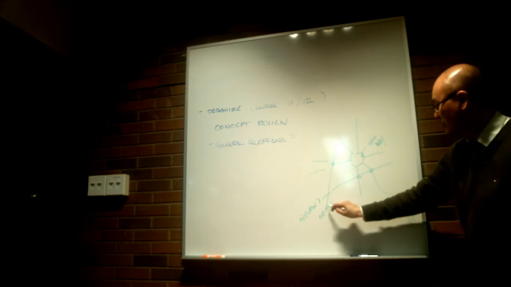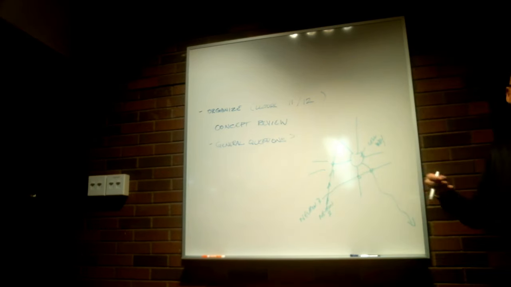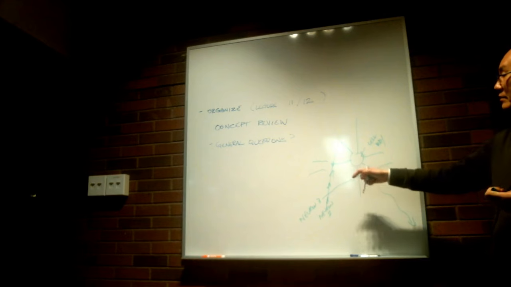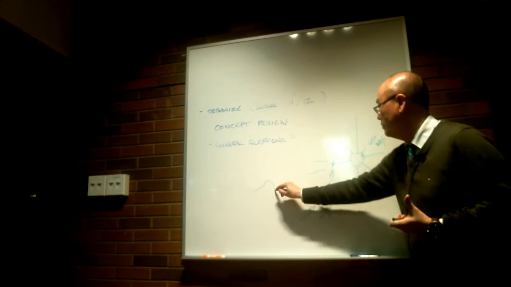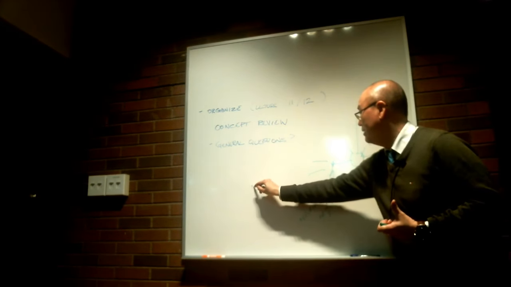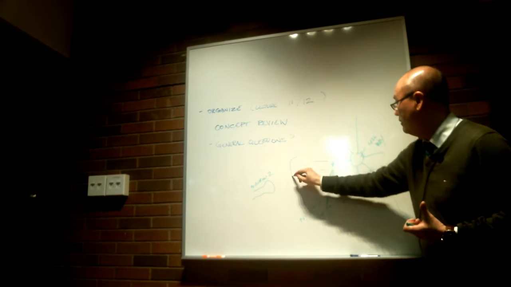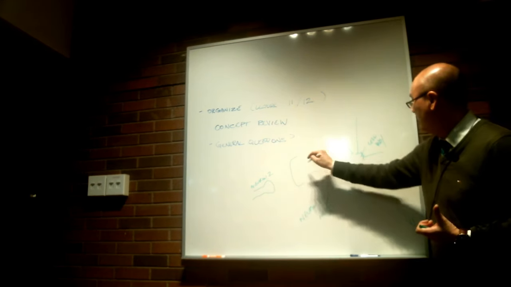So this neuron 2 has been firing action potentials in a specific pattern, and it's making a synaptic contact here. This is the presynaptic element for neuron 2, and this is the synapse that we're interested in.